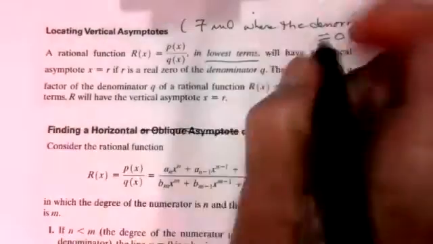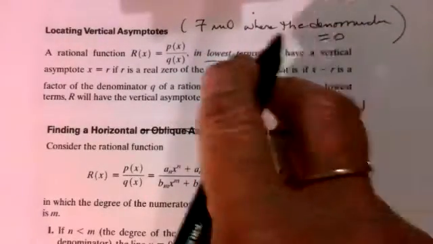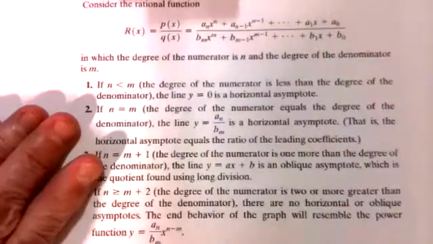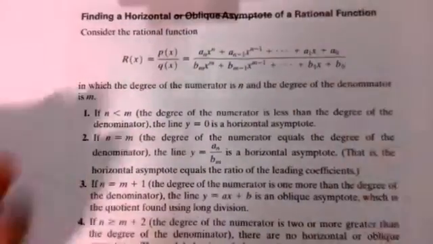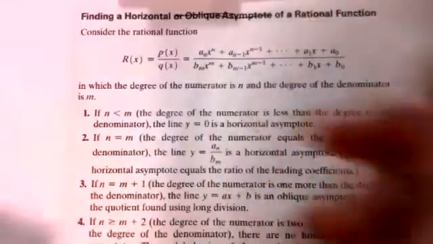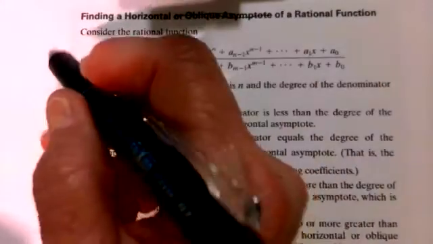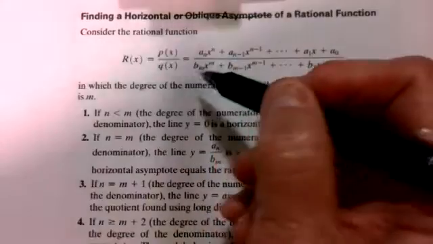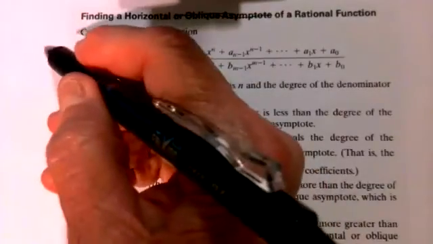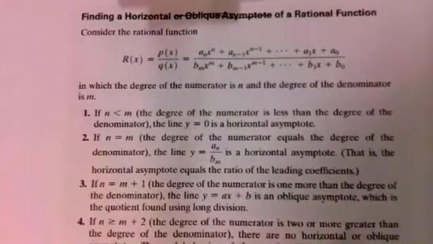We'll see some instances where the denominator would never be zero, but in most of the examples we'll see where it could be zero, and at those values we have the vertical asymptote. We don't talk about this in this class, but in calculus we do: when the denominator equals zero, if it's not in lowest terms, it could have a hole as well, but we're not going to talk about that.